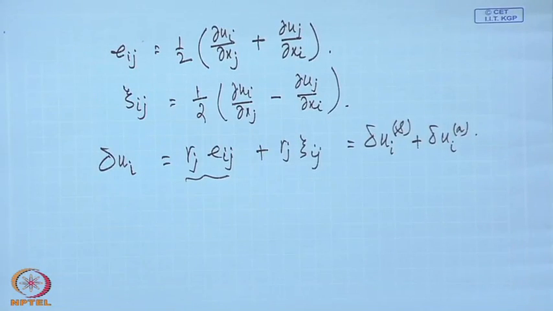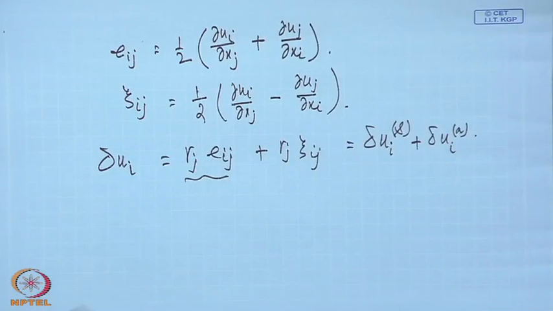Let us say the components in that coordinate system, just to have a difference, are denoted by a prime. That is, instead of e_ij, we will call it e_ij prime when it is the principal system.